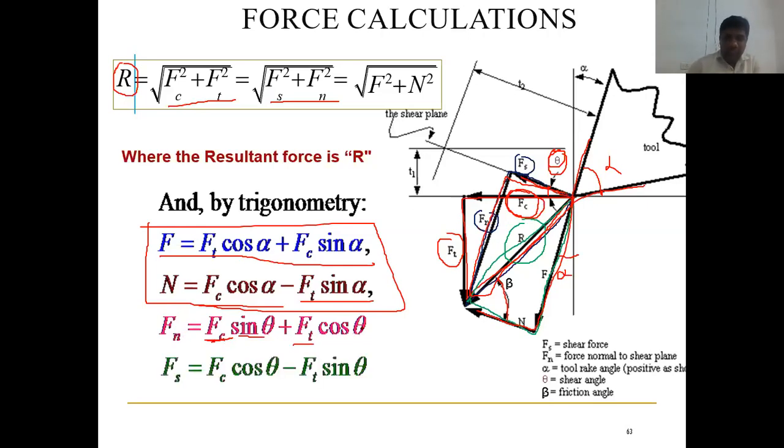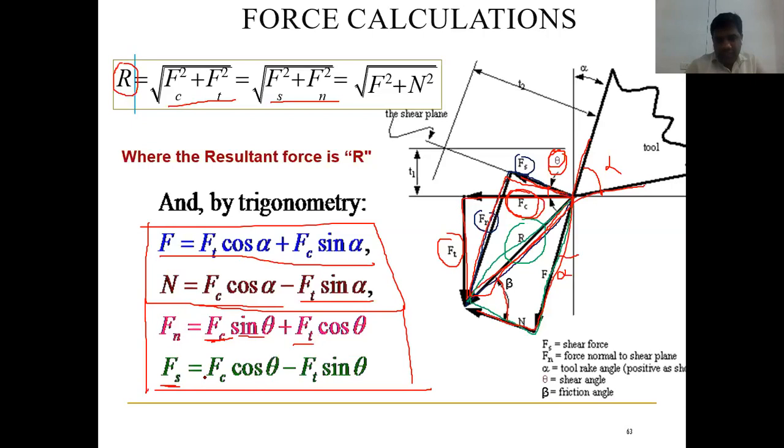Similarly, on the other side of the triangle, you can find the shear force. The most important thing is the shear force: FC cos theta minus FT sin theta, right? From these trigonometrical relations, you are going to find all the forces in any object or cutting tool.